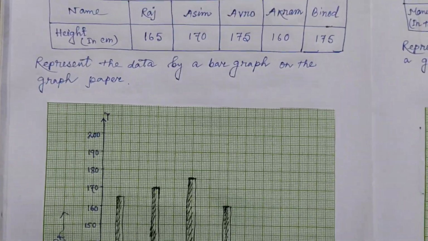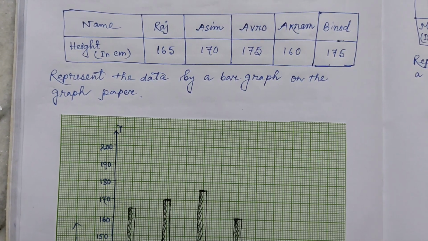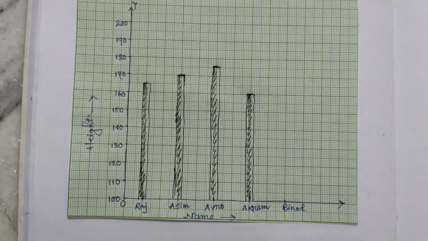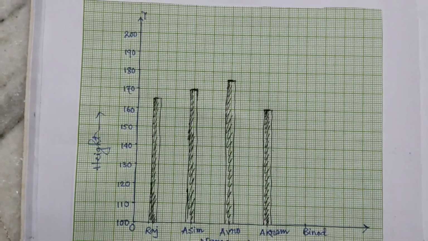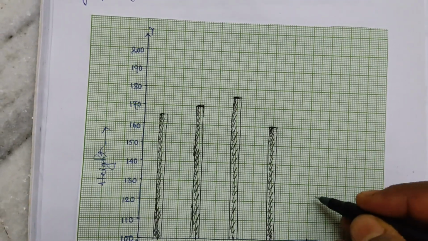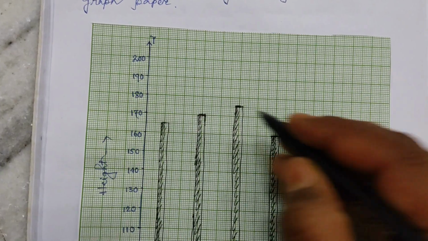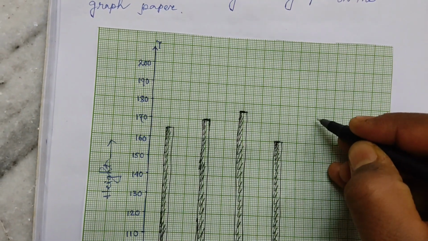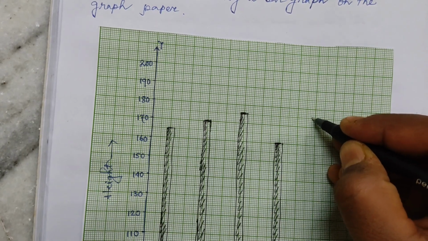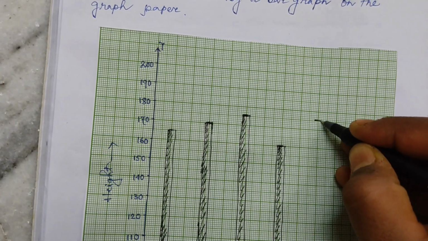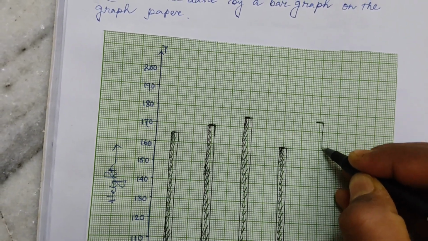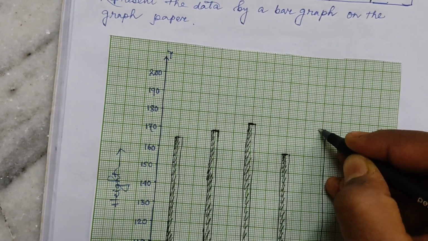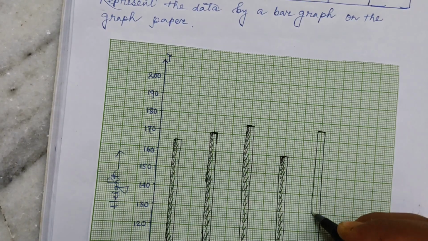Next, Binod. Binod is 175 centimeter. So again 175 is in between 170 and 180. So it is 175. So Binod's height is up to this. So it is Binod's height.